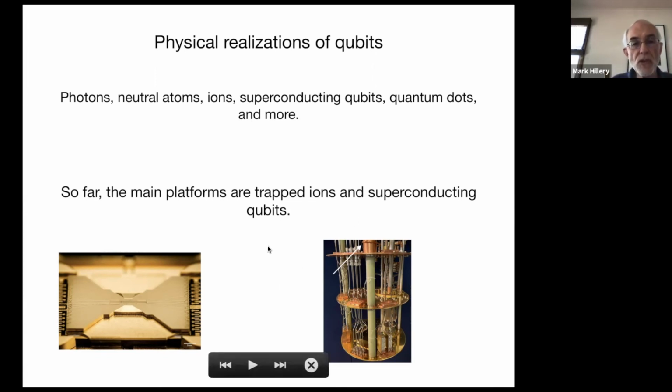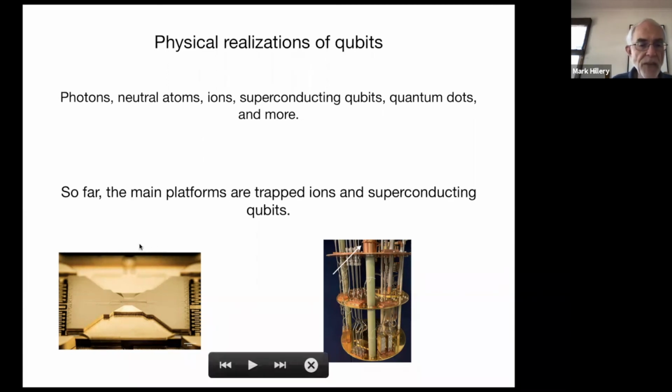You could also do trapped ions, ions trapped by electromagnetic fields, superconducting qubits, and I think quantum dots. Anyway, there are a number of different possibilities. The ones that have been developed so far to the largest extent are the trapped ions and the superconducting qubits.